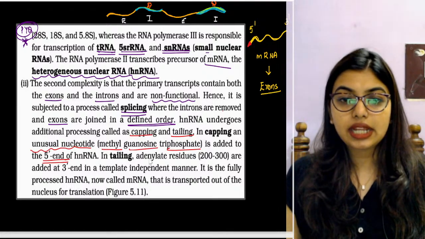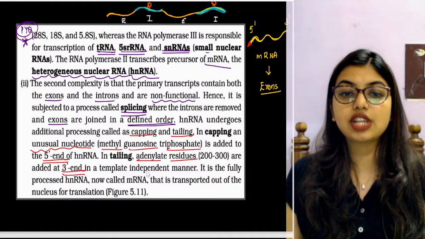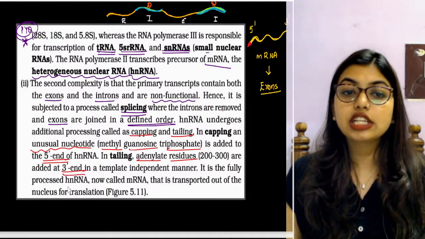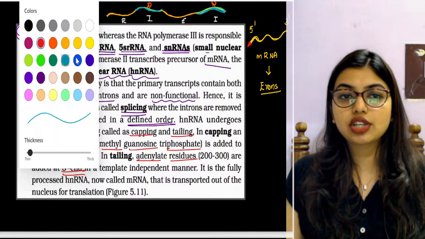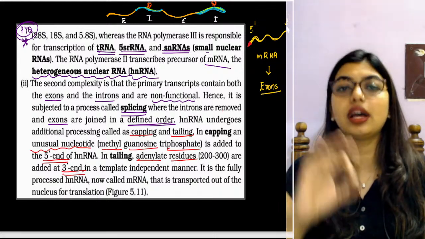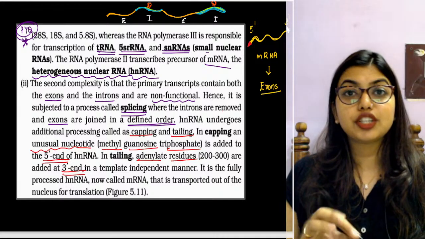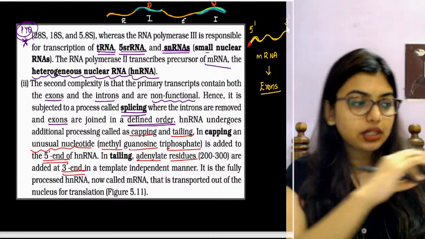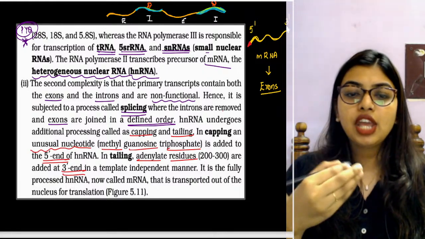In tailing, 200 to 300 adenylate residues are added at the 3' end in a template independent manner. It is then fully processed hnRNA. So we feel this is a complete RNA, not incomplete, where only the sequence is made but the capping and tailing is not done. Different answers will be there.